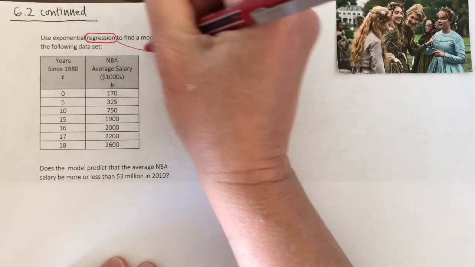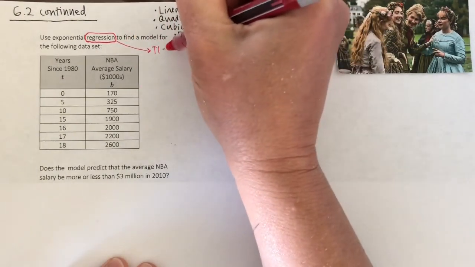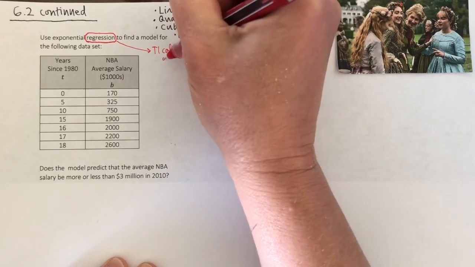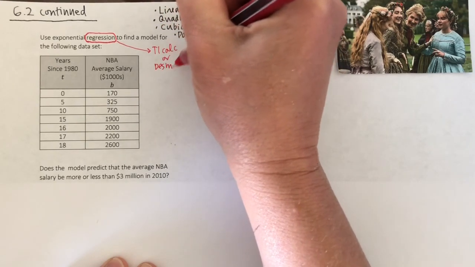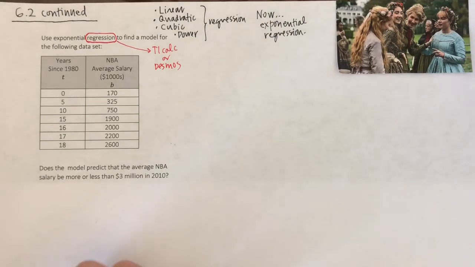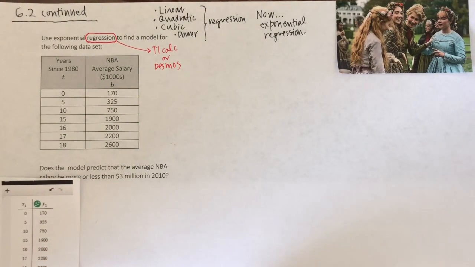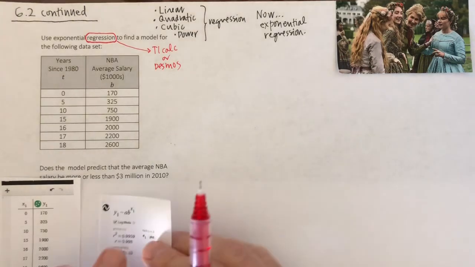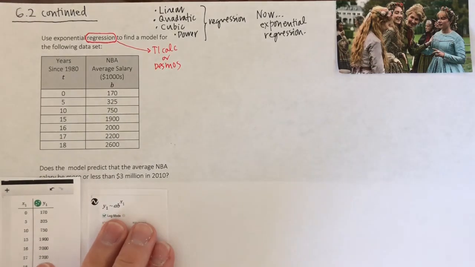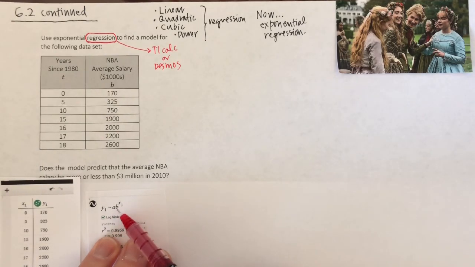You can do this regression on a TI calculator or Desmos. I'll show Desmos first, and then I'll show the TI calculator. So on Desmos, we put all this data into a table, and then the regression that you're going to use is y1 tilde ab^x1.